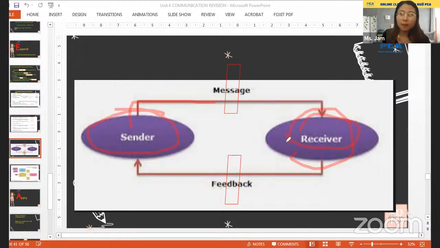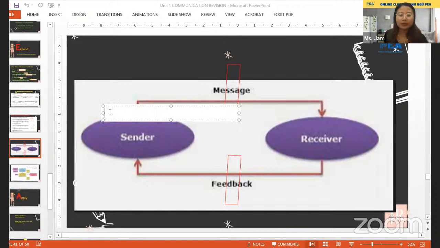So as you see, maybe it affects your family background, what you know, or cultural background. So that's why we have the filter in here. And sometimes, let's say I'm talking about my favorite movie, but the receiver didn't understand about the movie.